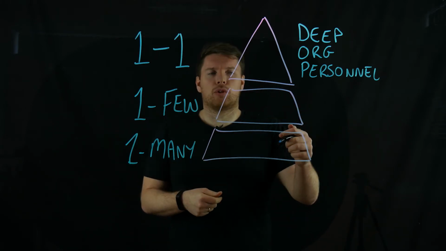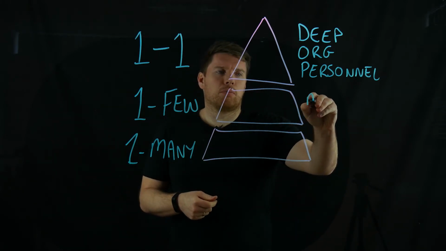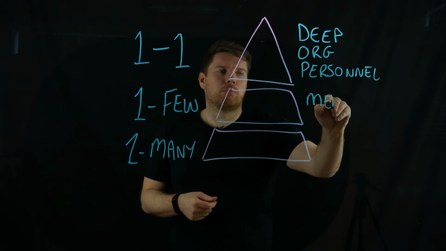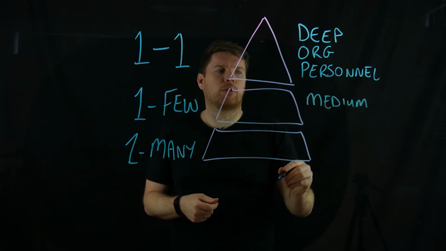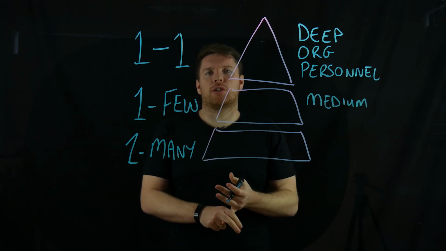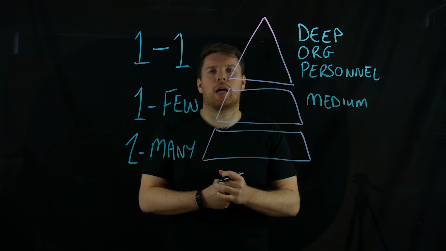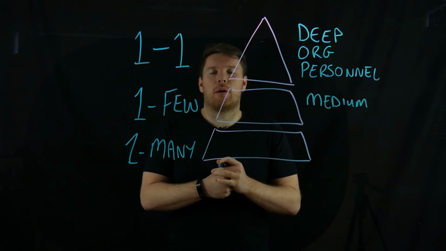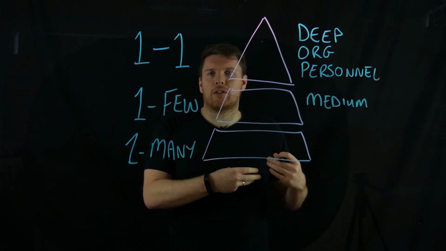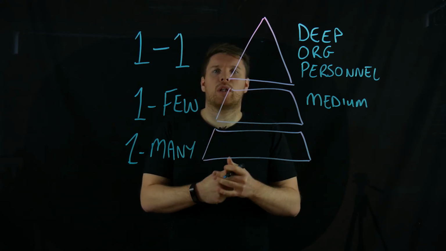If we drop that down to one-to-few, it's medium in terms of the research we do. We still do the organizational research, we still do the personnel research, we still look at the stakeholder map for that account, but we don't take it to the same extent that we do at a one-to-one level.